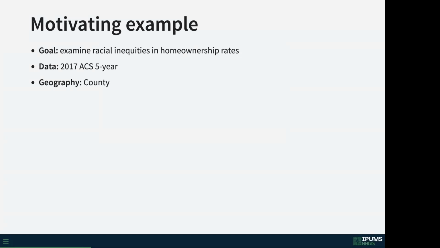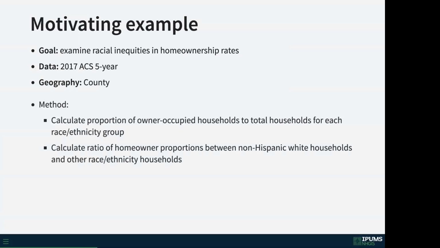In the paper, they use the 2017 ACS 5-year data, and will operate at the county level for geography. The paper, I think, actually uses IPUMS, but we're just going to simplify that and go at the county level. The method that they use is they first calculate the proportion of owner-occupied households relative to the total number of households for each of several race and ethnicity groups.